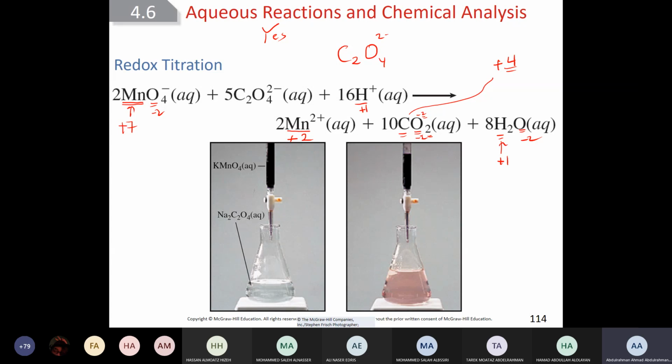What's the oxidation of oxygen? Always -2. And we have 4 of them. What's the total? -8. What must be the oxidation of carbon in this case?